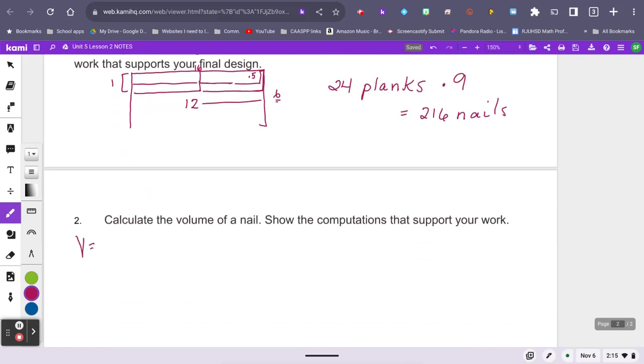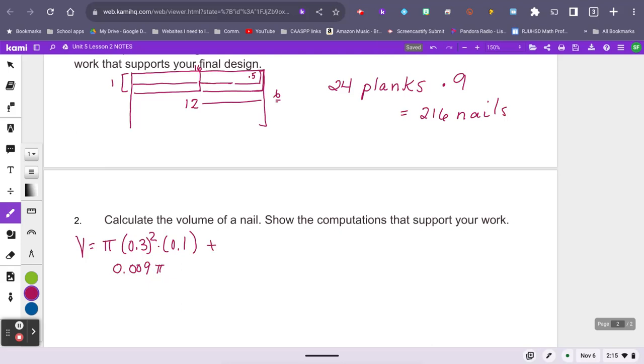So here we can go pi times 0.3 squared times 0.1. And if we multiply that, we get 0.009 pi. Then we're going to add it to our larger body.